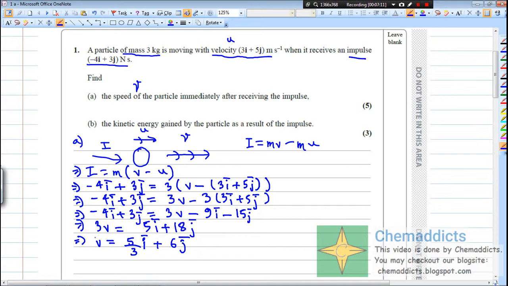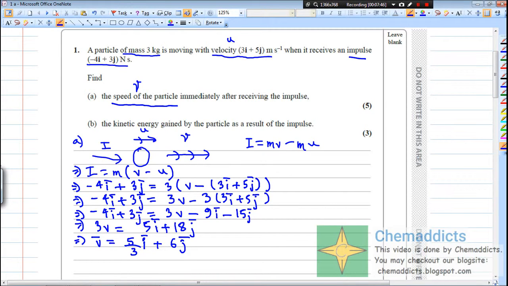Alright, so now we have found the velocity. Remember, they have asked us to find the speed of the particle, and here we have found the final velocity. So they are different. The final velocity is a vector quantity, and the final speed is the magnitude of the final velocity.